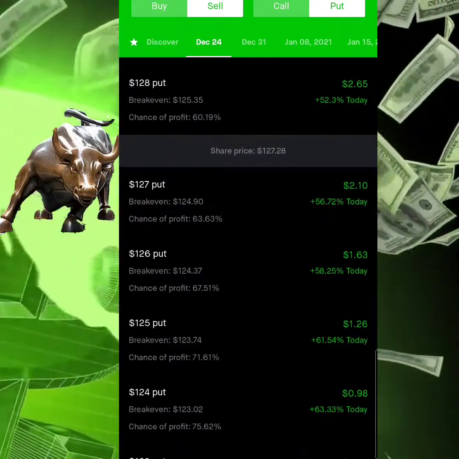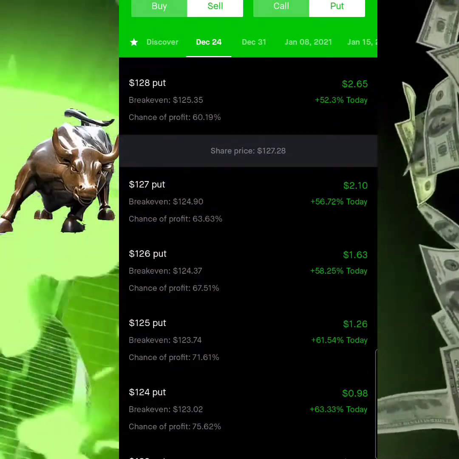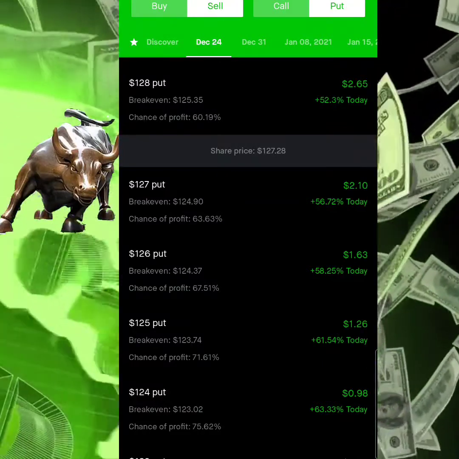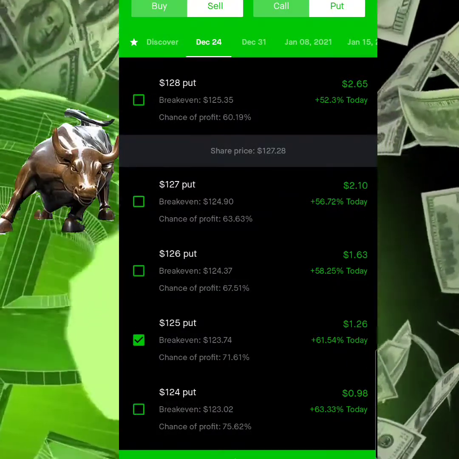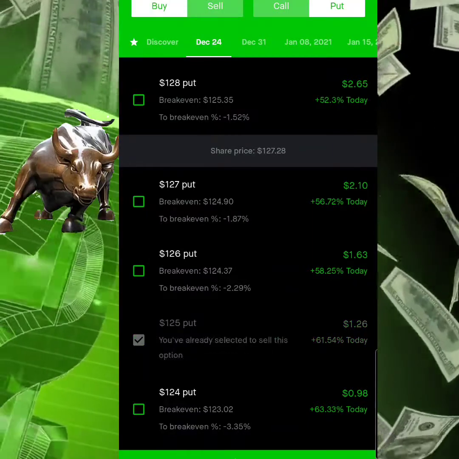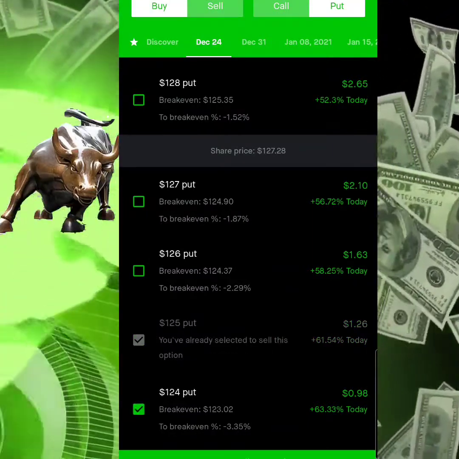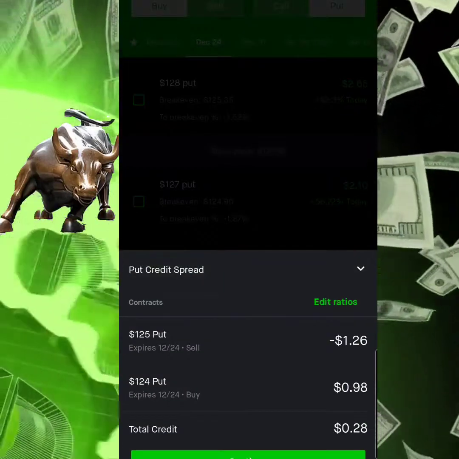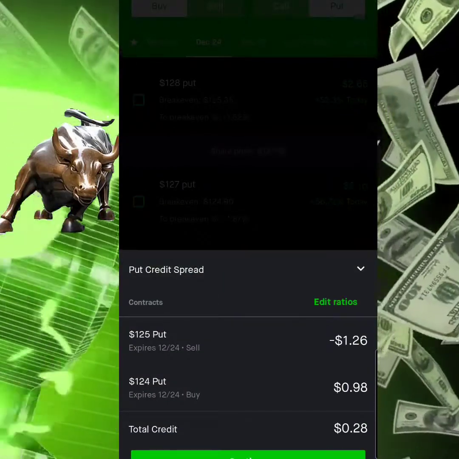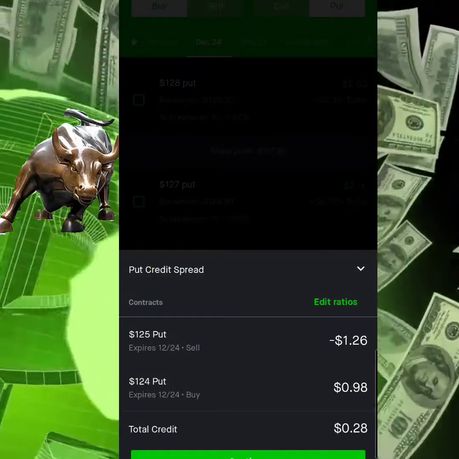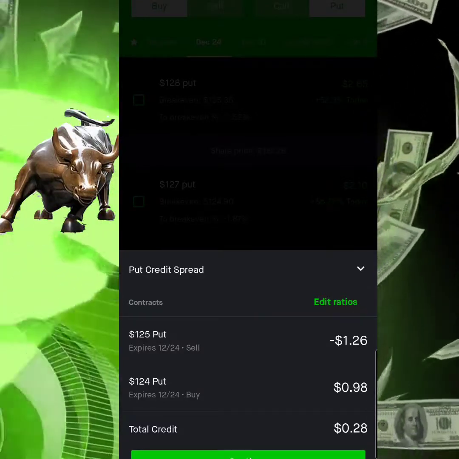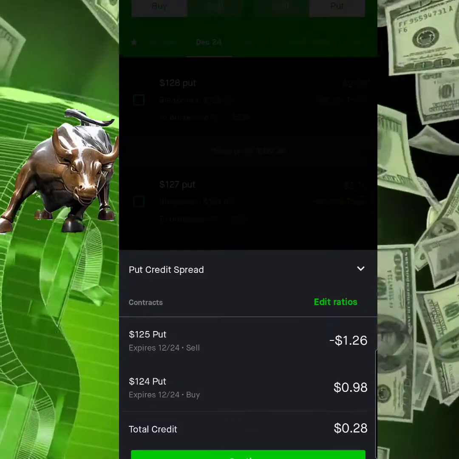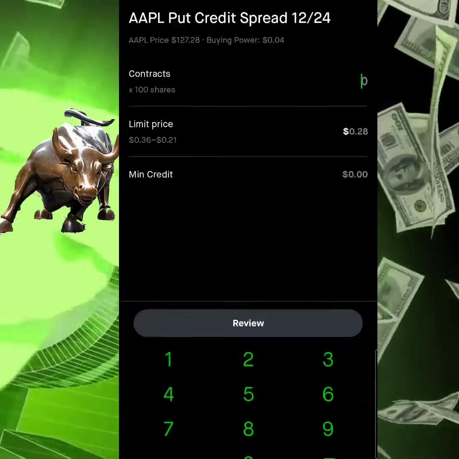Sell put, bullish strategy for a credit spread. Now, what you're doing by selling the put, you're saying to the market makers, you do not think the price of Apple is going to drop below 125. Because that is what you agreed to sell the option as. You're going to get a credit of $28 for running this credit spread, okay?